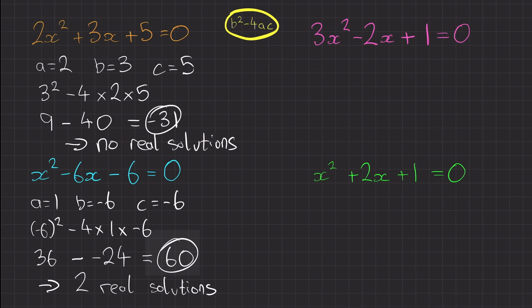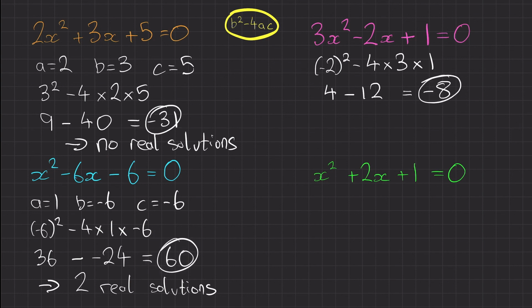The pink question now, we'll go a bit faster in this one. We've got b squared, which is minus 2 squared, minus 4 times a times c. So we've therefore got 4, take away 12, which equals minus 8. So as the discriminant is less than 0, that must mean we have no real solutions.